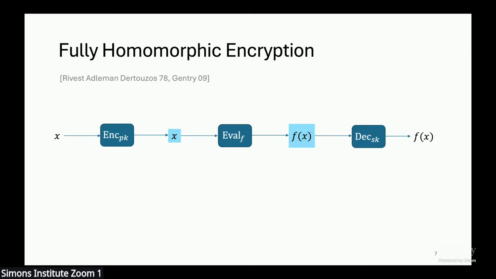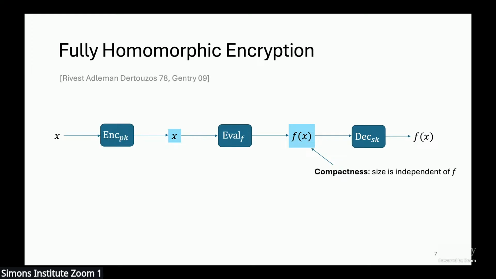And then upon decryption, using the secret key, you learn the function applied to the plaintext. Of course, there is some kind of non-triviality requirement we have here that the decryption or the evaluated ciphertext itself should be independent of the function that is being evaluated, to rule out trivial solutions where you just append the function to the input ciphertext.